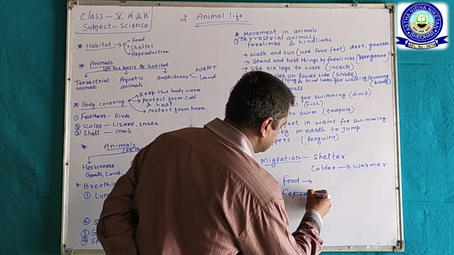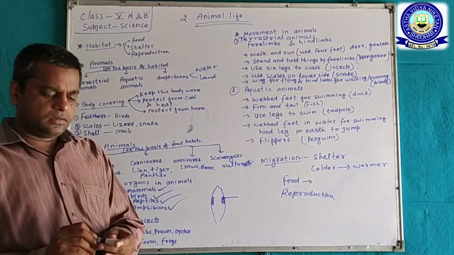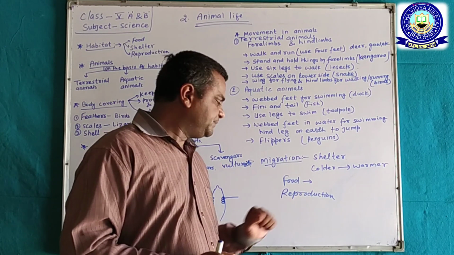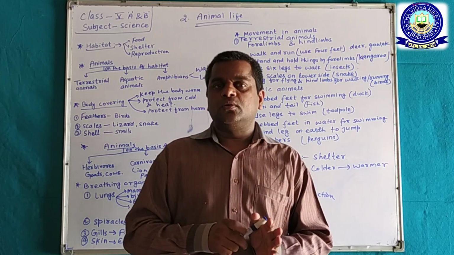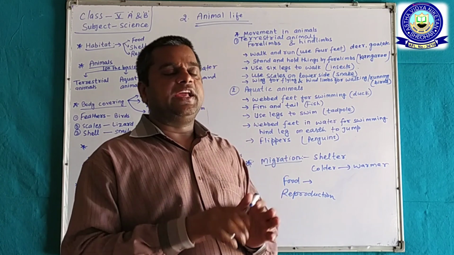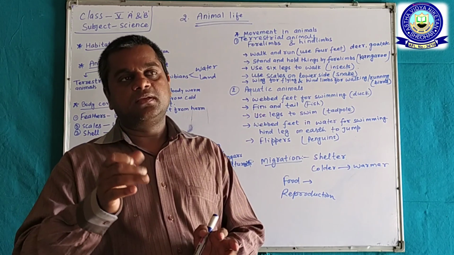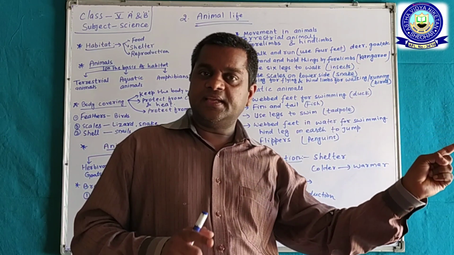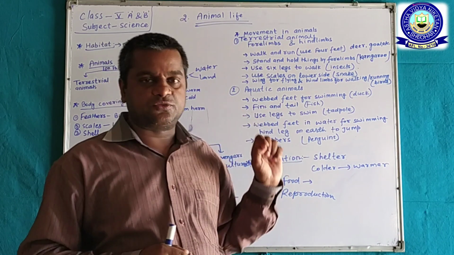Reproduction. Some organisms have some climatic characters that make them stay somewhere and reproduce somewhere, like the fish that live in the ocean, and when they have to breed, they come into fresh water.